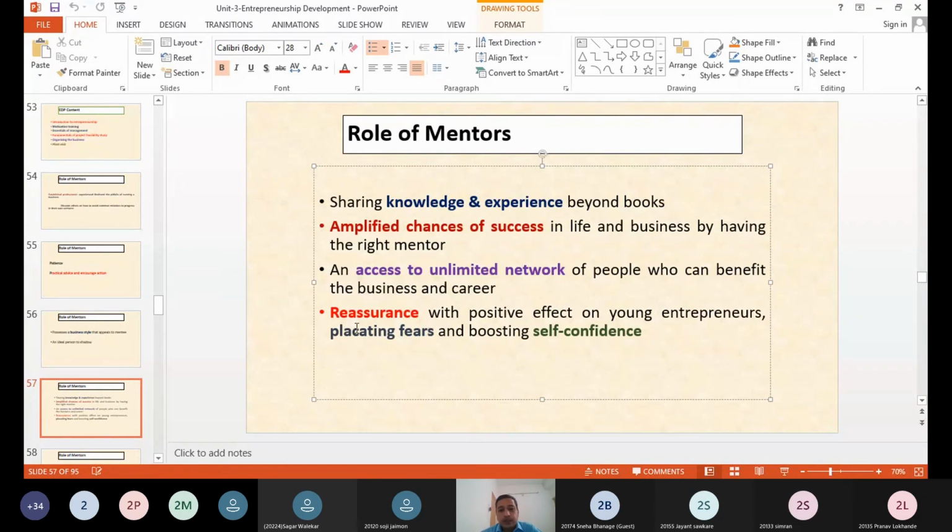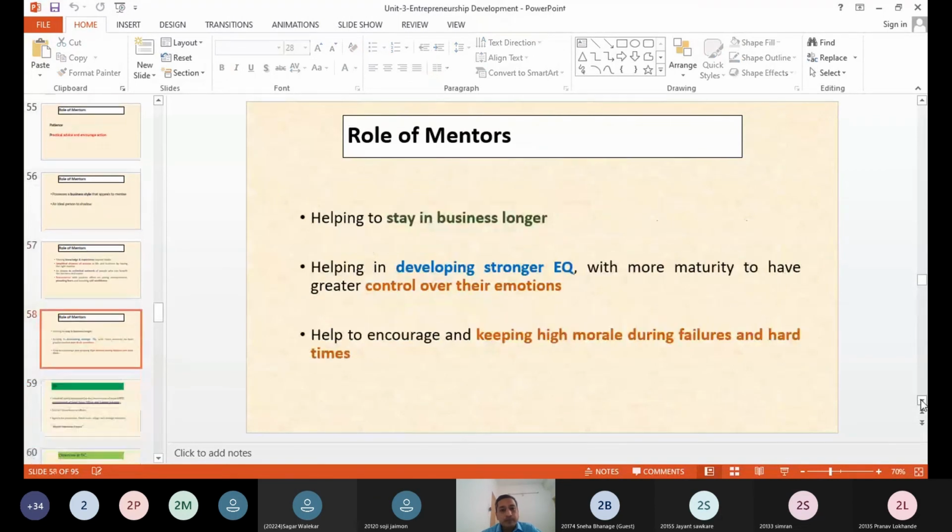These mentors reassure with a positive effect on these young entrepreneurs, placating fears, that is eliminating fears and boosting the self-confidence of these young entrepreneurs. Having a mentor for setting up a business can help the young entrepreneurs to stay in the business longer. This can help in developing a stronger emotional quotient, with more maturity to have greater control over their emotions.